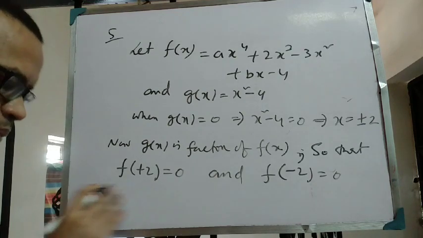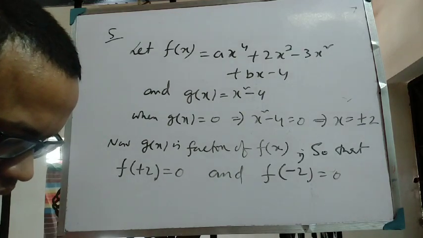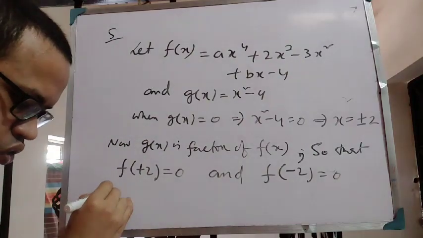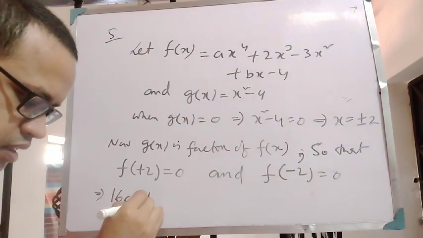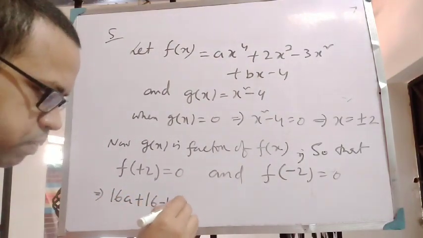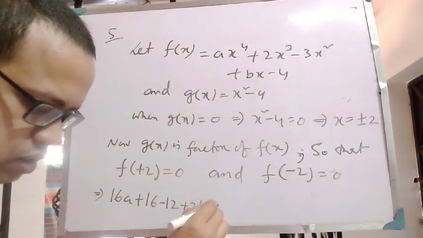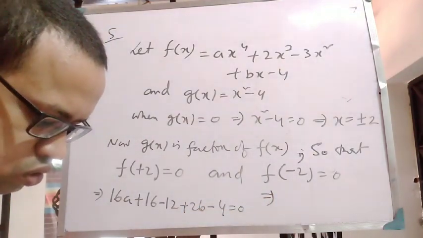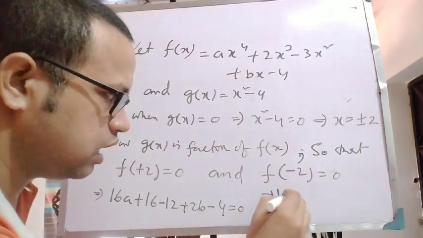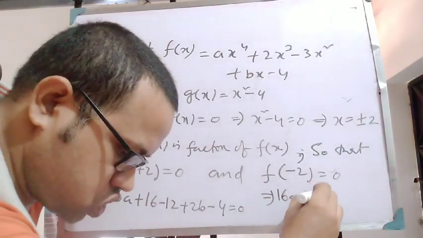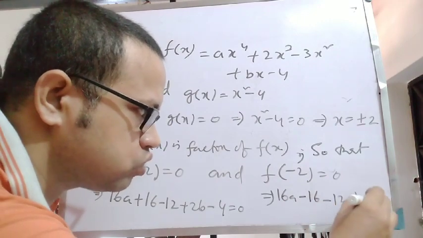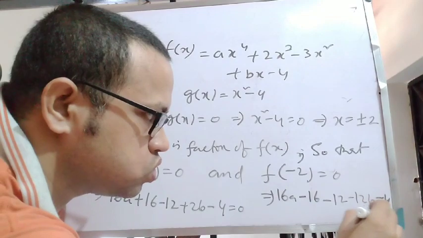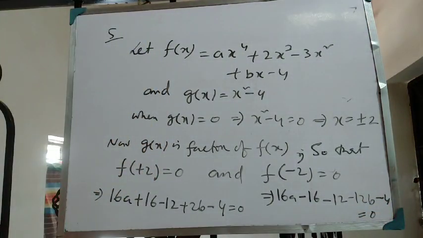So f(2) equals 0 gives you 16a + 16 - 12 + 2b - 4 equals 0, and f(-2) gives you 16a - 16 - 12 + ... - 2b - 4 equals 0.